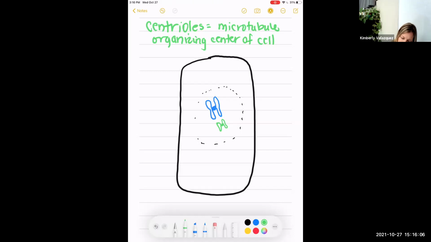And in order to pull those apart, microtubules are going to start forming. I'm just going to draw these two circle structures here and call this a centriole.